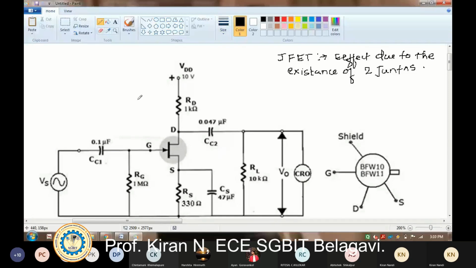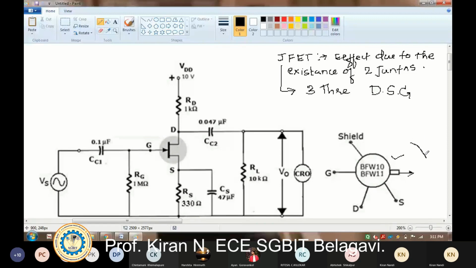So this JFET has three terminals. What are those terminals? That is drain, source and gate. The symbol of that you can see here at the bottom. There will always be a notch here. From this notch, you have to move clockwise.